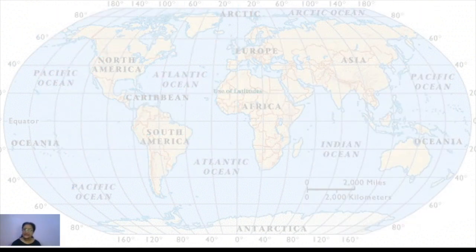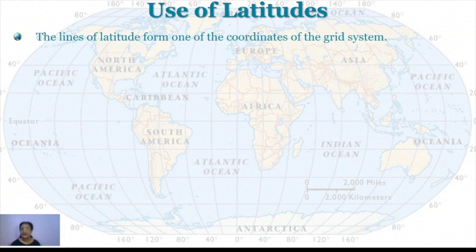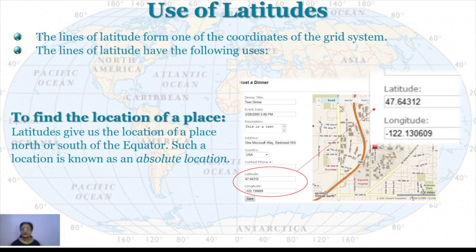Now, the next thing we need to discuss is the use of latitudes. What are the various uses of latitudes? The lines of latitude help in finding out the location of a place. How do we do that?